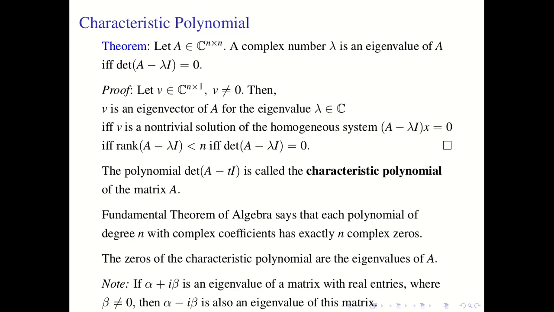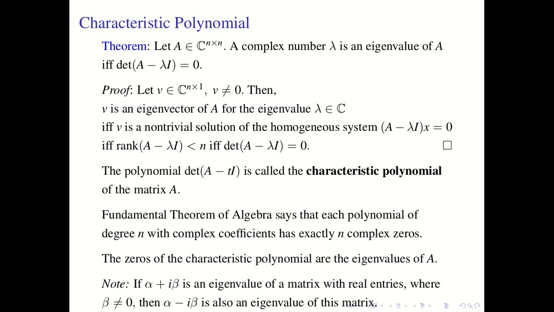The coefficients of the characteristic polynomial are all complex numbers, and therefore the fundamental theorem of algebra says that this polynomial has exactly n complex roots, obtained by counting each root with its multiplicity. So the zeros or the roots of this characteristic polynomial are the eigenvalues.